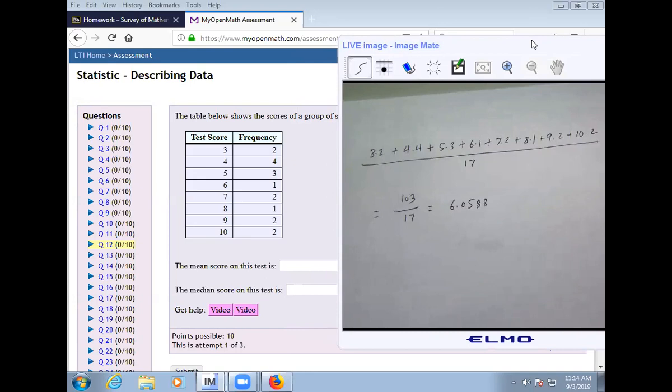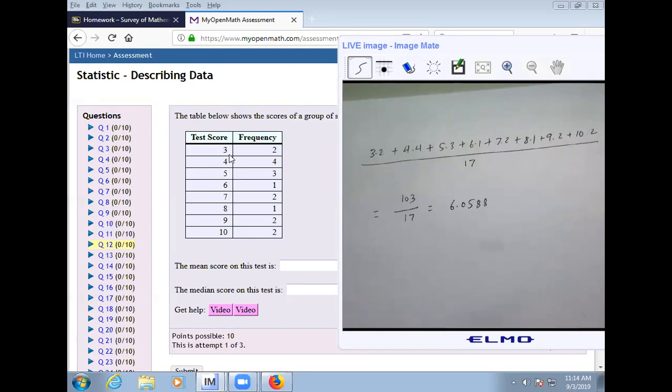Here's the thing. One way you can find this is to write down the first column: 3, 3, 4, 4, 4, 5, 5, 5, 6, 7, 7, 8, 9, 9, 10, 10. That way you can write your data, right?